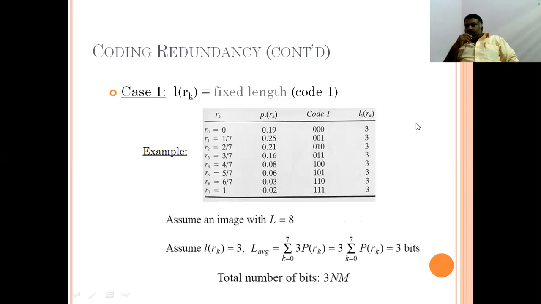So the fixed length and variable length have to be assumed here in order to perform the comparison. Here they assume the image gray level count L equal to 8, and the value k is represented from 0 up to 7.